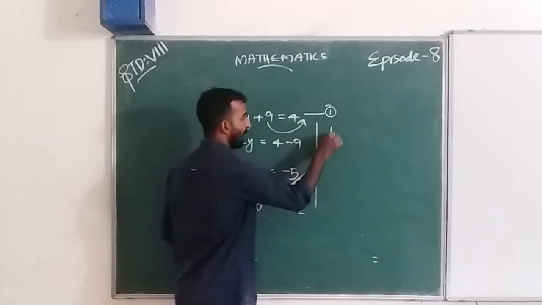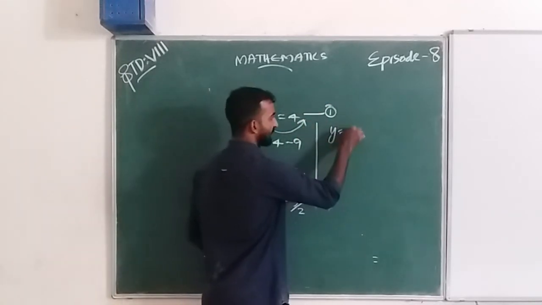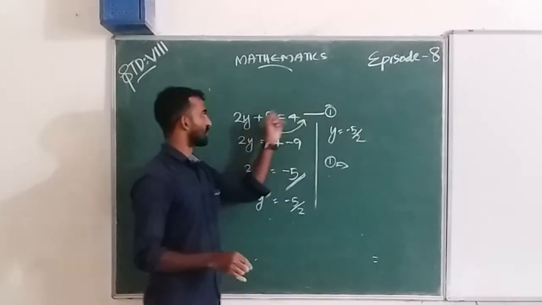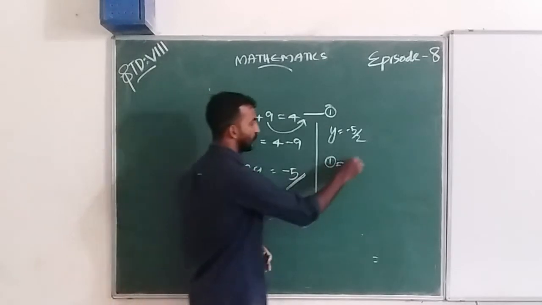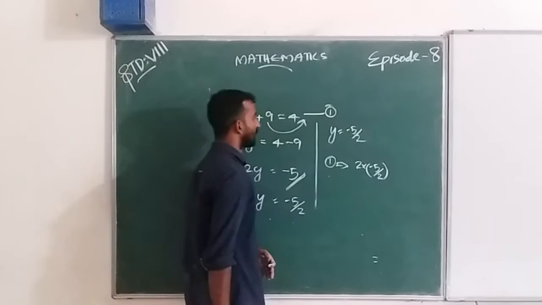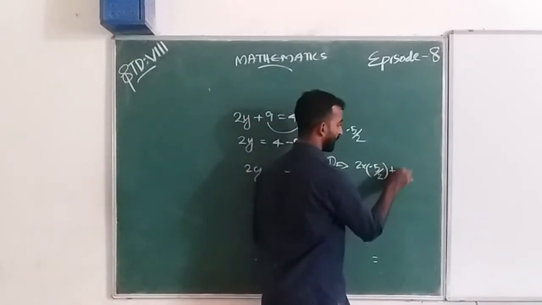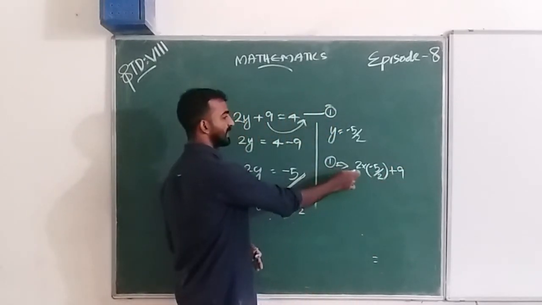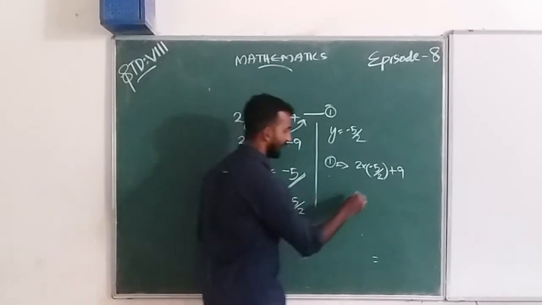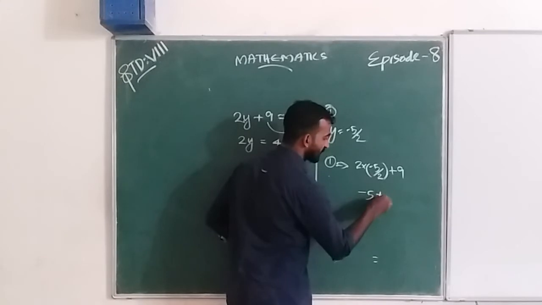When we take the value of y as negative 5 by 2, equation 1 implies 2 into negative 5 by 2 plus 9. This is the LHS of equation 1. That is, we get negative 5 plus 9.